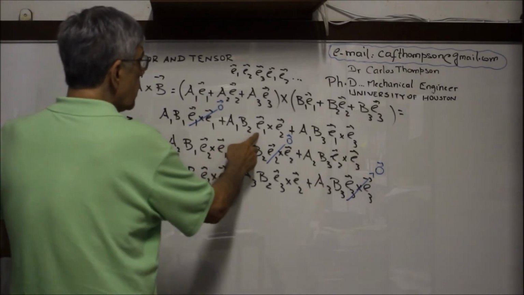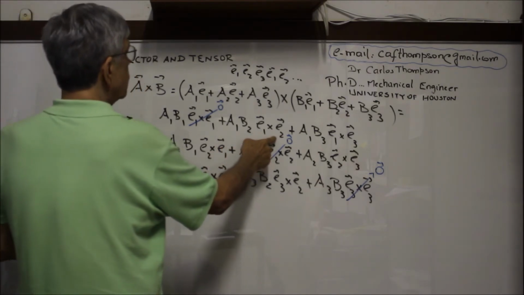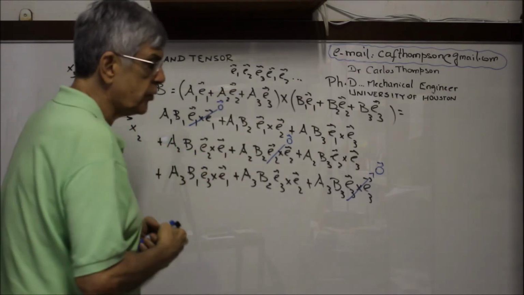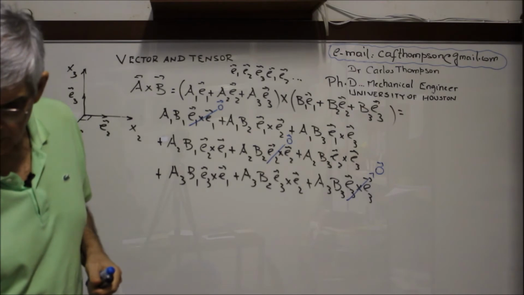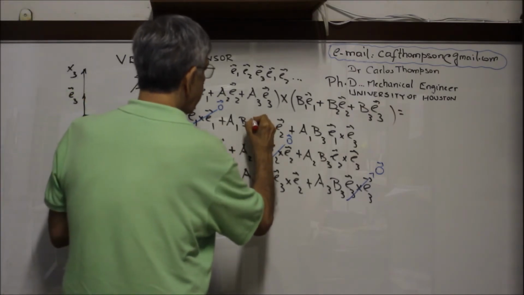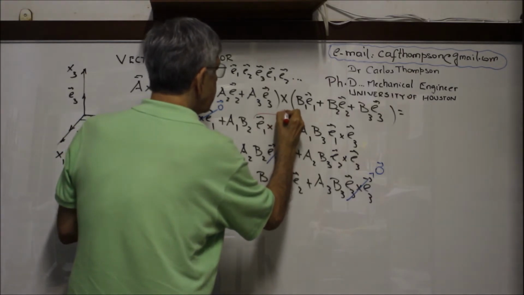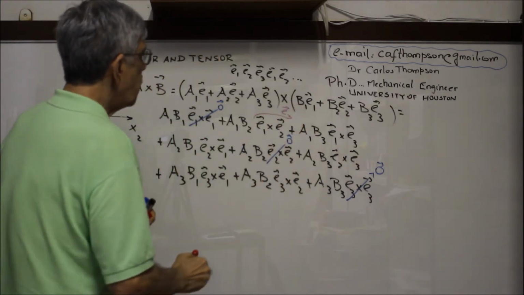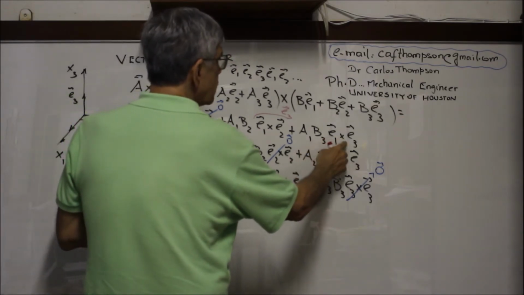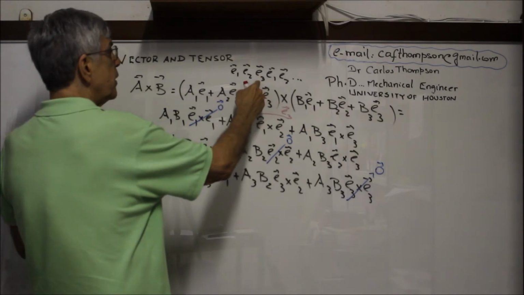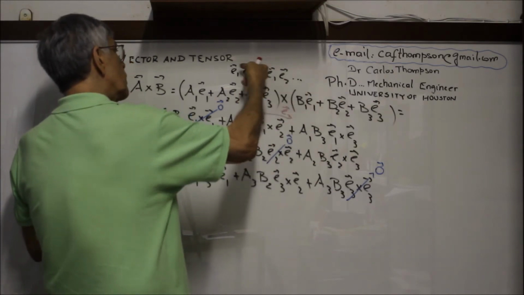Now, E1 cross E2 is E3. Now, E1 cross E3, you are coming backward, okay?